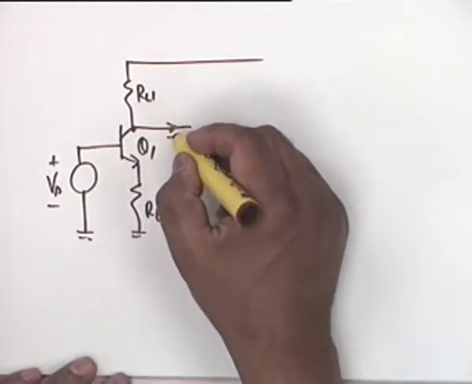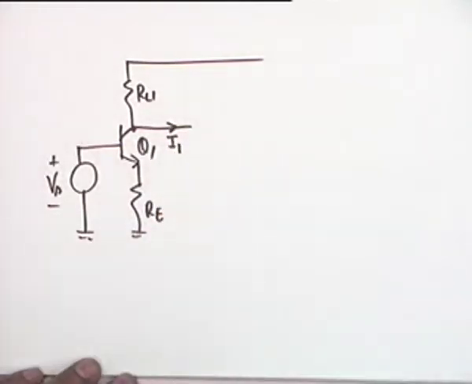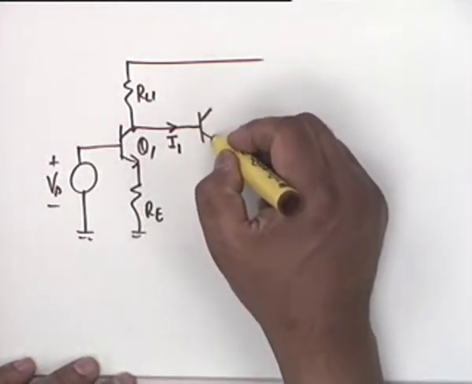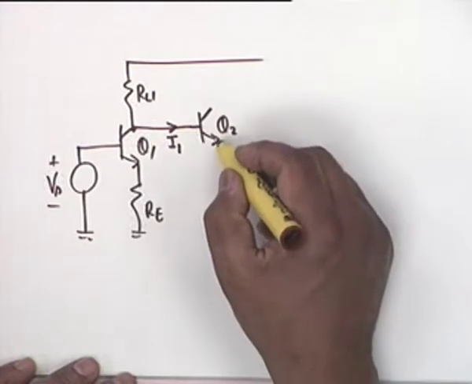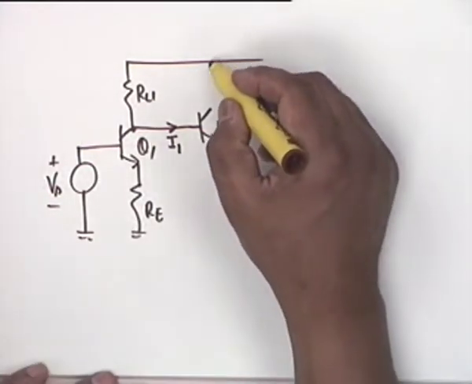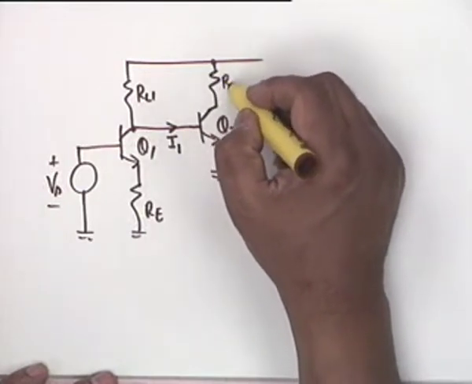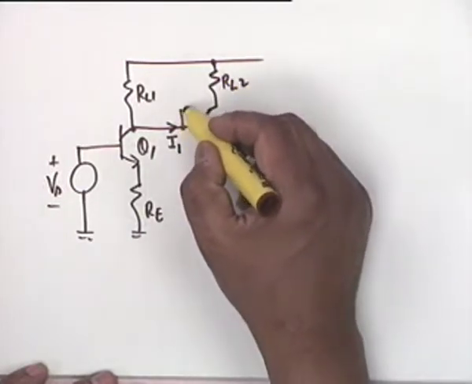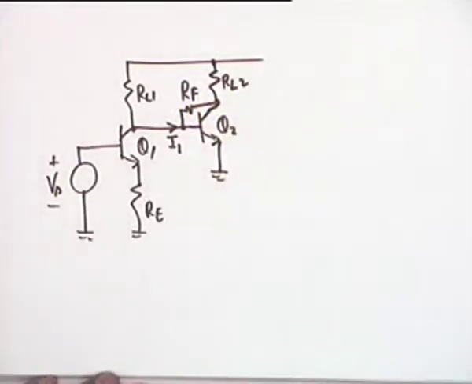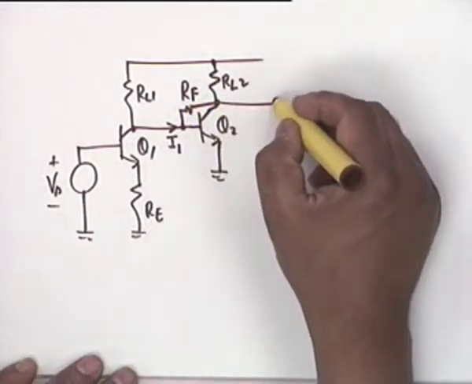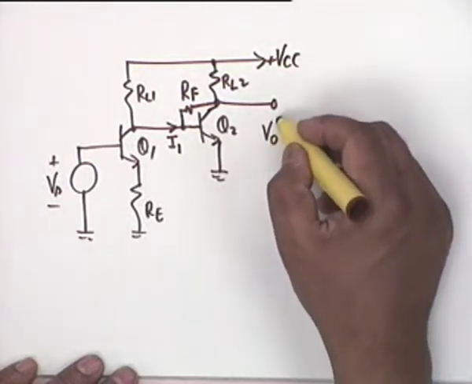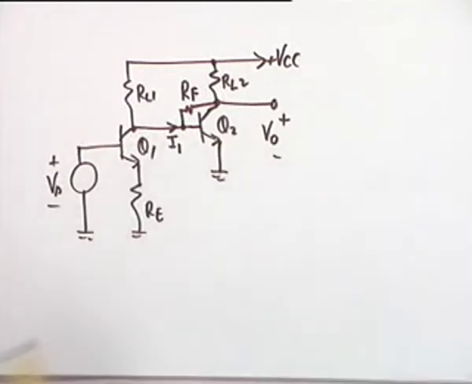So it is this current which is our concern, and this current is fed to the second stage Q2, whose emitter is grounded. It has a resistance, let's say RL2, and this is the shunt feedback RF. The output of this would be a voltage V0.